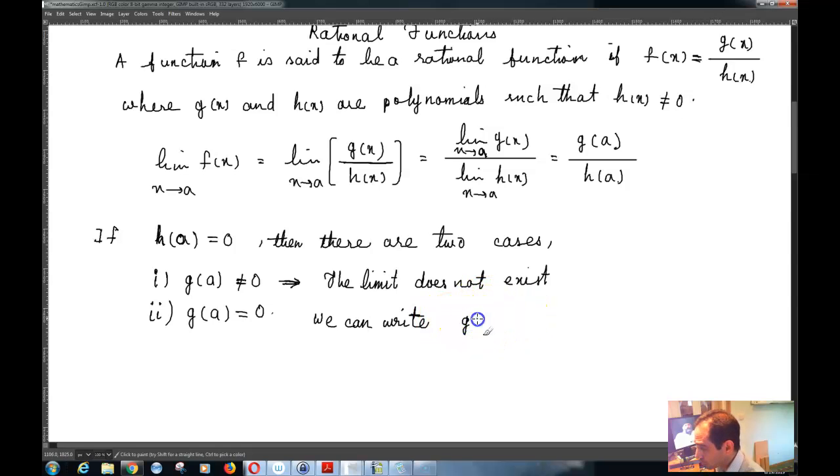So we can write g of x is equal to some x minus a raised to the power k times some other polynomial, call it for example g1 of x. So g of x, you can take some factor x minus a out, x minus a raised to the power k.